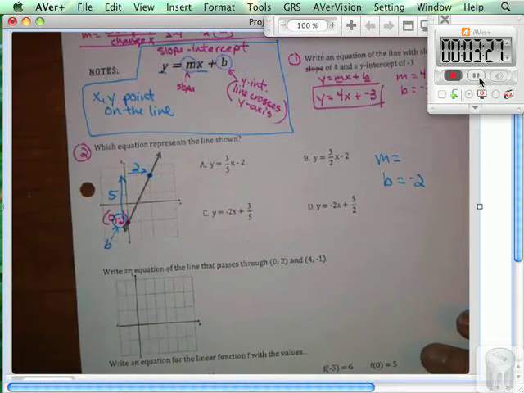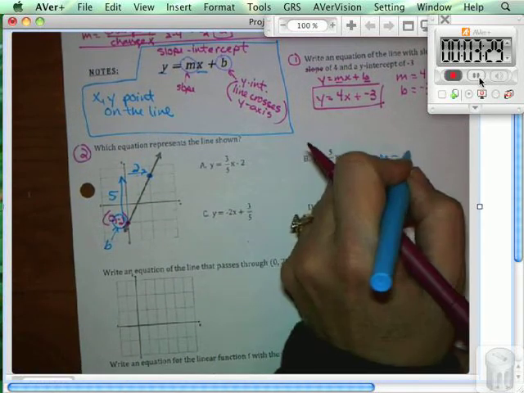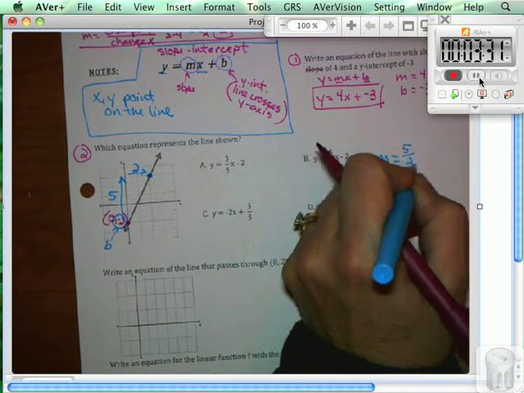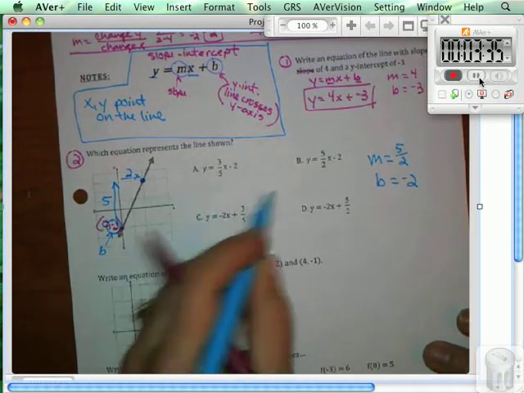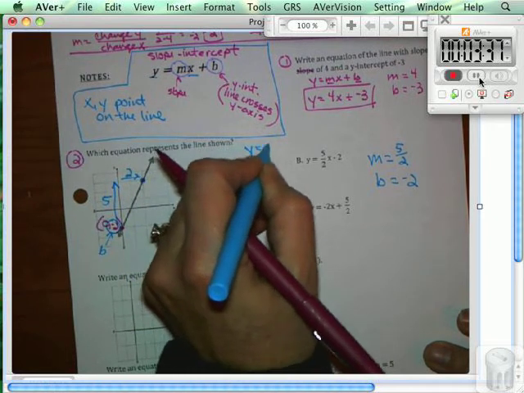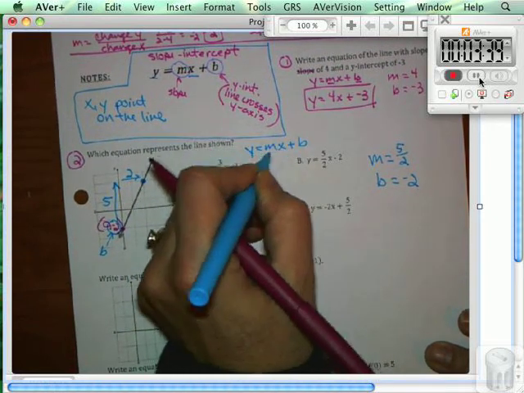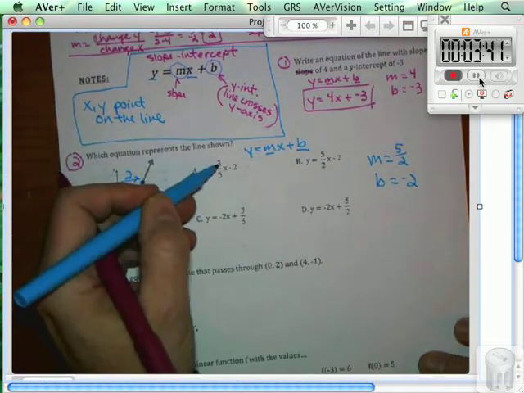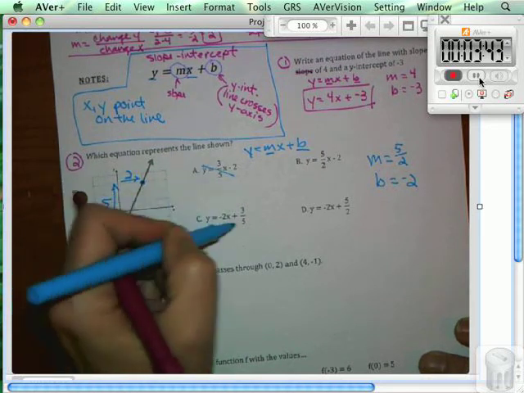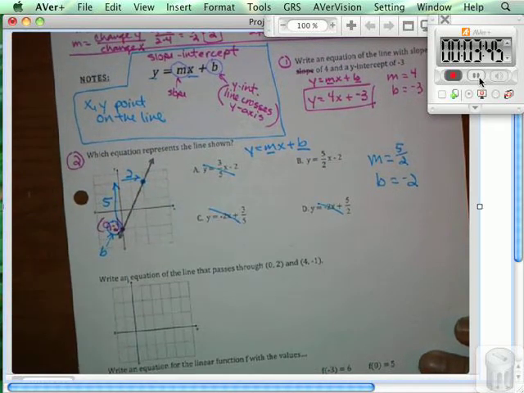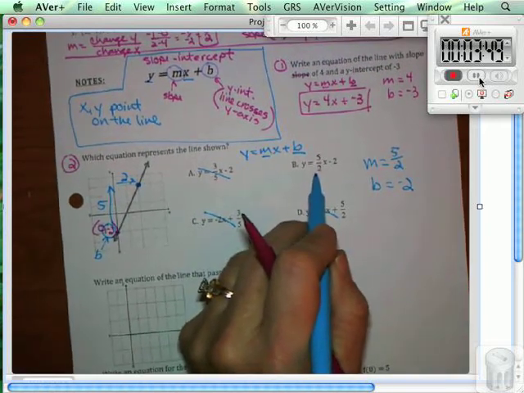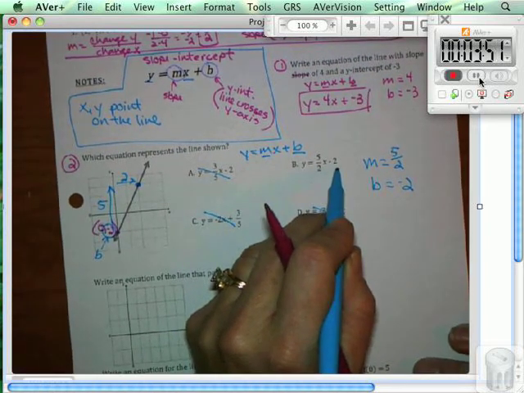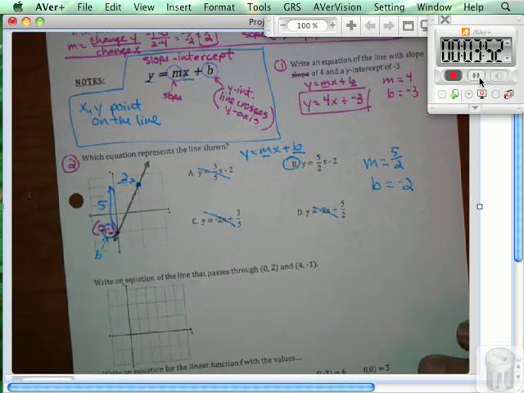That means my slope is rise over run, which is 5 over 2. In each of these equations, y equals mx plus b, we're looking for a slope of 5/2. It's not this one, not this one, not this one. Oh, it's got to be that one. The slope is always next to the x, and the y-intercept is -2. So boom, that is my answer right there.